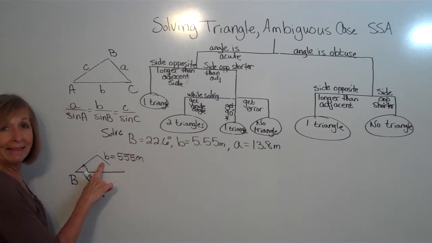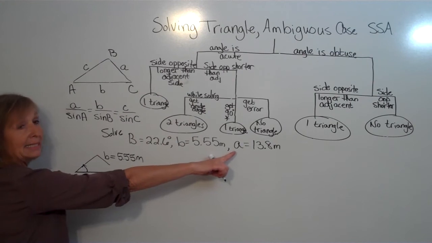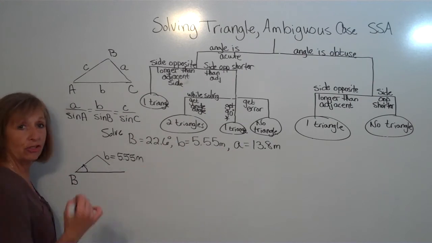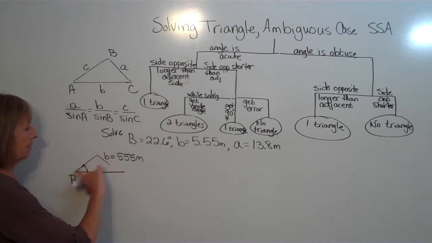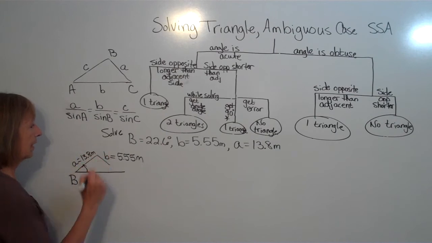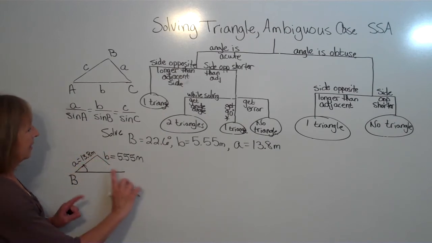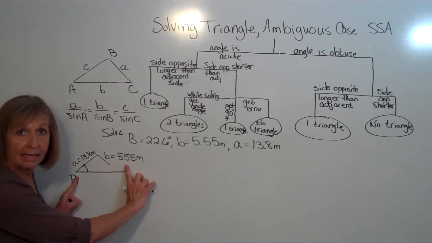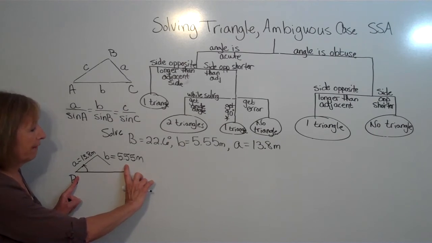Well, if that's the side that's opposite, then the remaining side that they gave me is my adjacent side, and so I'm going to put that along this run here. So my side A is 13.8 meters. Now look, the side opposite angle B is 5.55 meters.